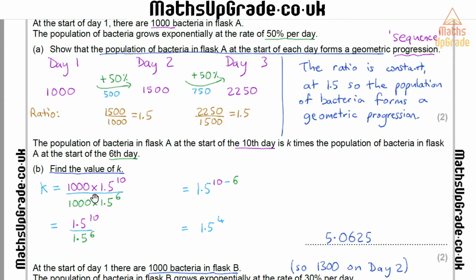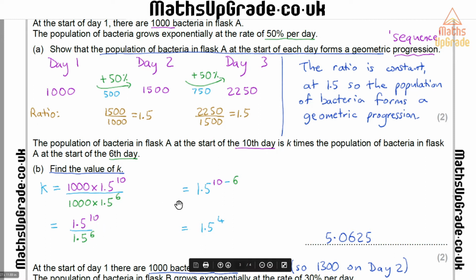So if I need to find the value of K, what I can do is I can just divide these two through, and that will give me 1.5 to the power of 10 divided by 1.5 to the power of 6.